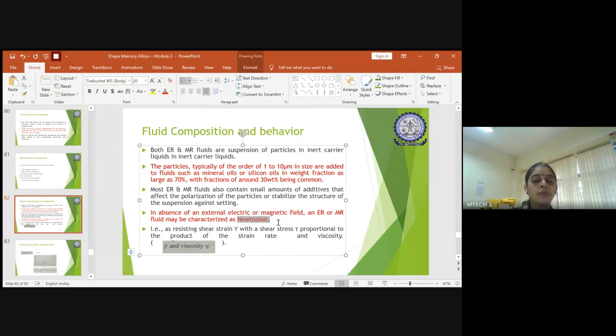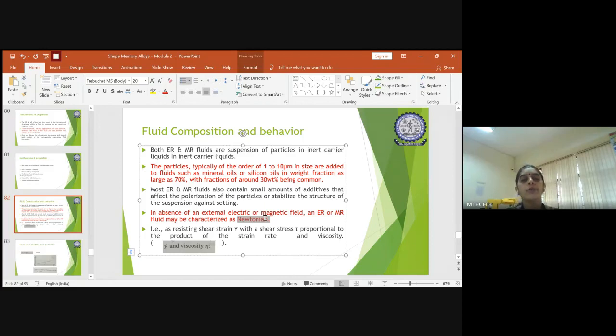We have studied that in fluid mechanics. What do you mean by Newtonian? Can anyone tell me? Does anyone know the difference between Newtonian fluid and non-Newtonian fluid? So in the absence of electrical or magnetic field, this ER or MR fluid will be called a Newtonian fluid. What do you mean by it?